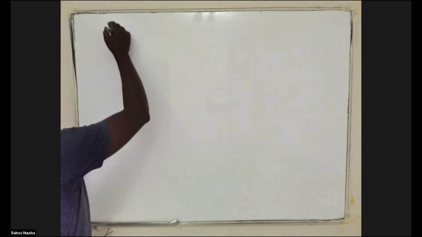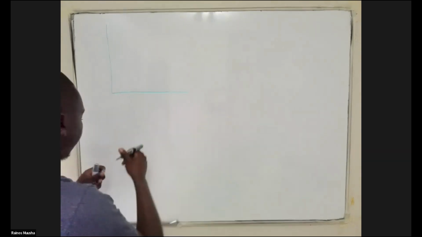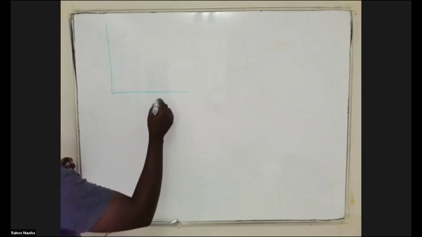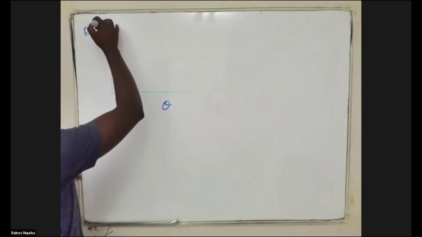Let's do away with the information that is given there. Let's look at it in simple terms. Let's say you're given this graph, which shows you the standard deviation against the expected return.